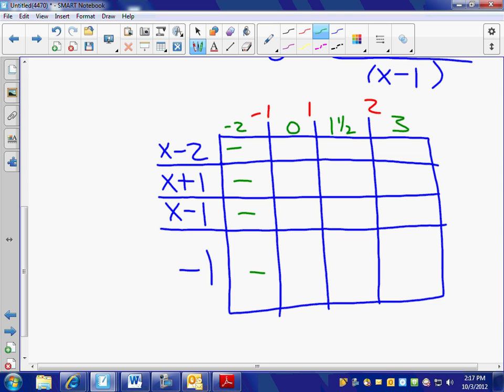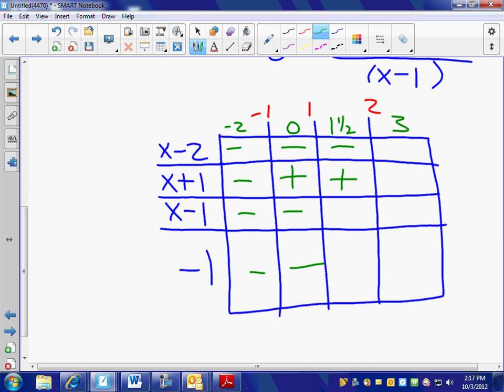What if I plug in 0? 0 minus 2? Negative. 0 plus 1? Positive. 0 minus 1? Negative. And -1 is always negative. 1.5 minus 2? Negative. 1.5 plus 1?